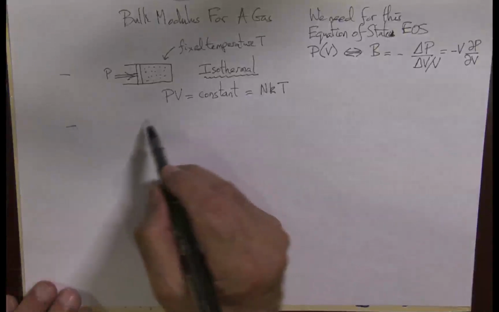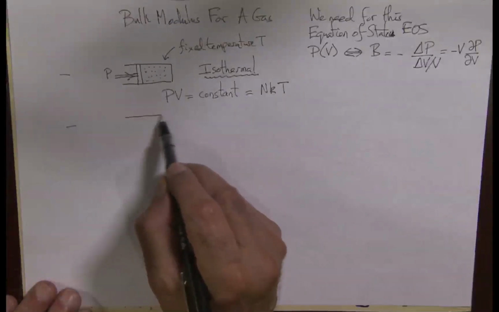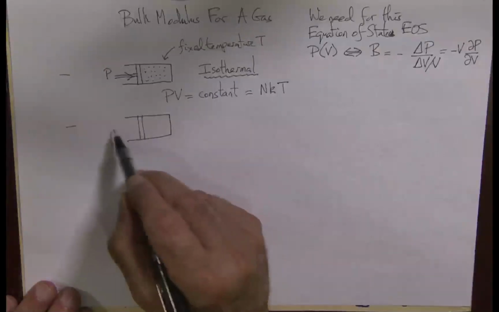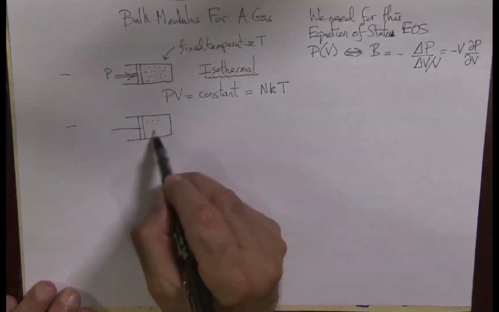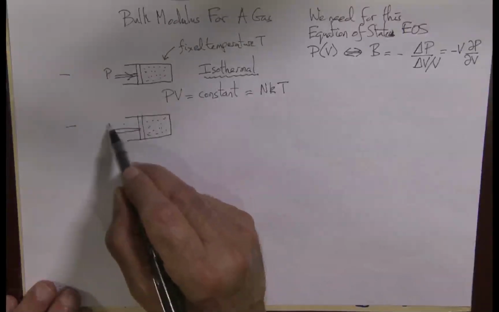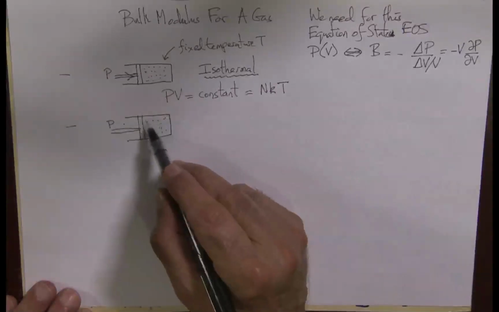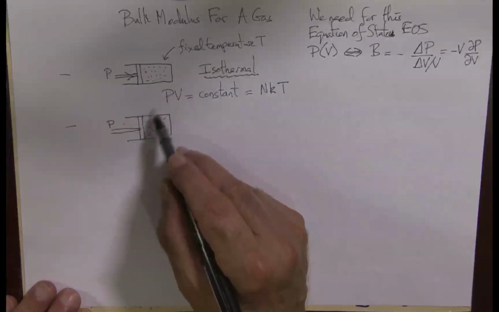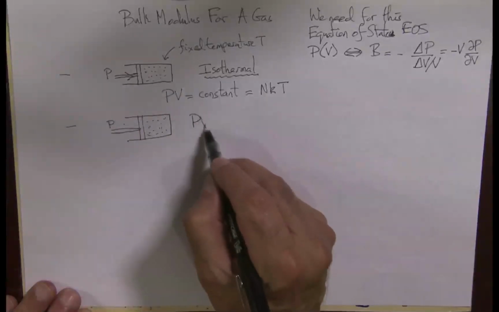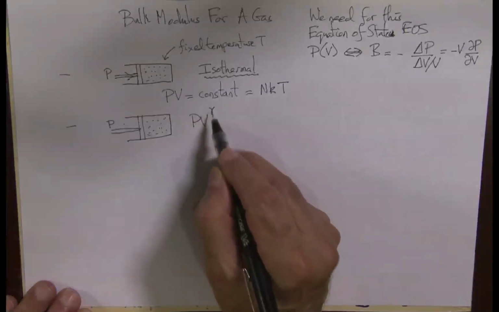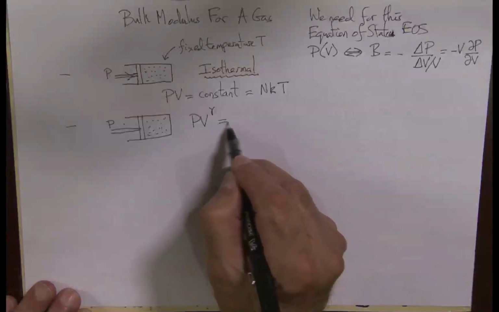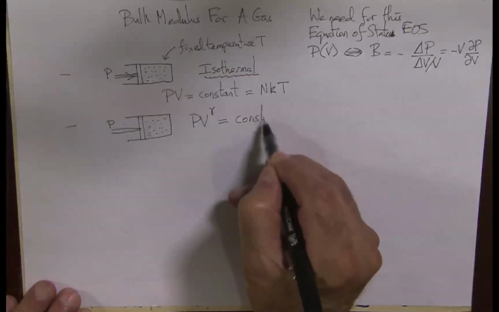The other situation can be that you don't allow the gas inside over here to communicate energy with the outside, and so you're applying a pressure. There is no way that energy can be released from the sides, and in this case, PV to the gamma, where gamma is a certain constant, is a constant.